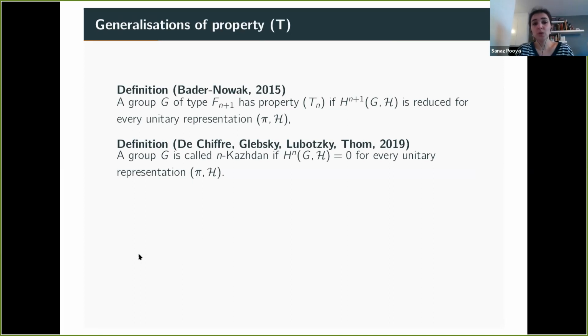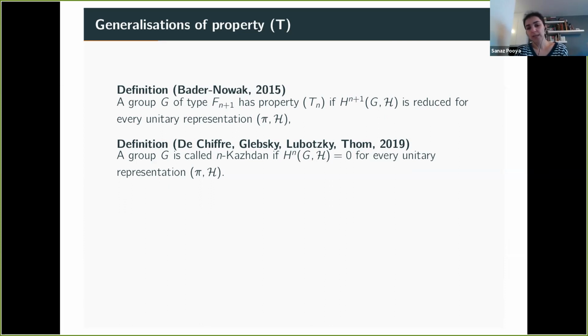So a group is called n-Kazhdan if the nth degree cohomology vanishes for all unitary representations pi of G. This notion was introduced when they were studying approximating groups with asymptotic homomorphisms into U(n), the unitary matrices of size n.